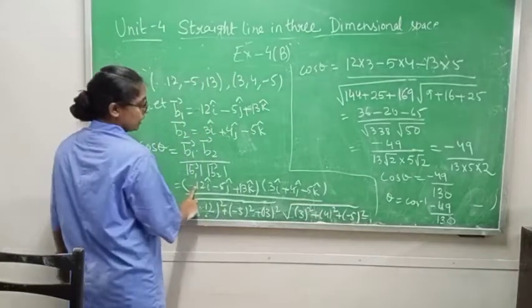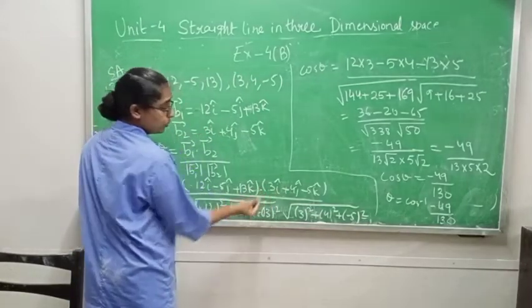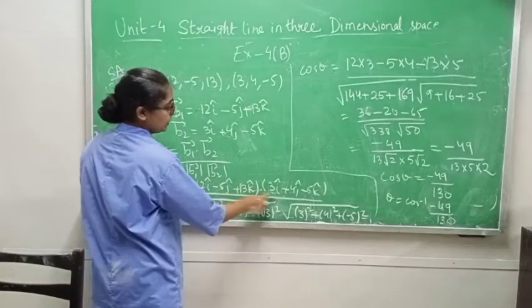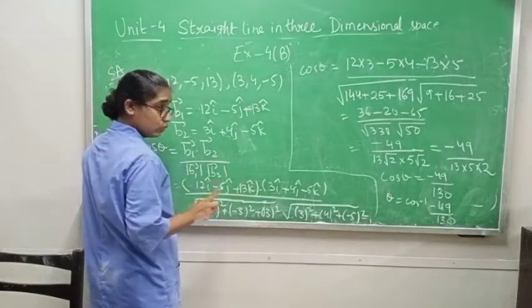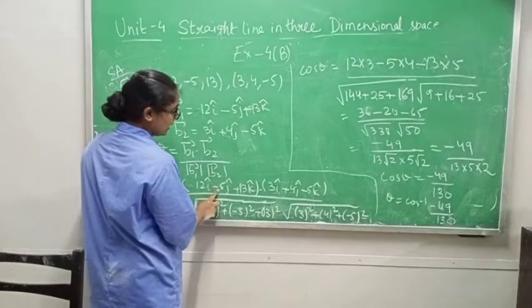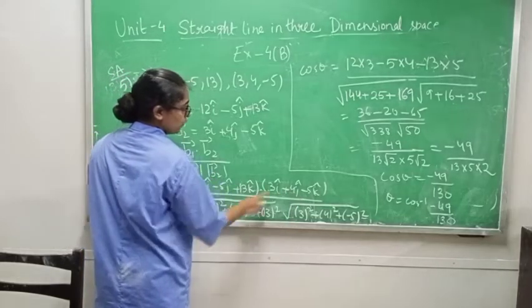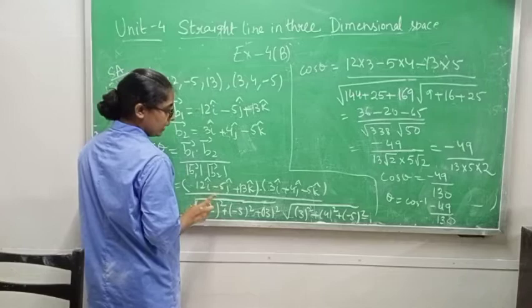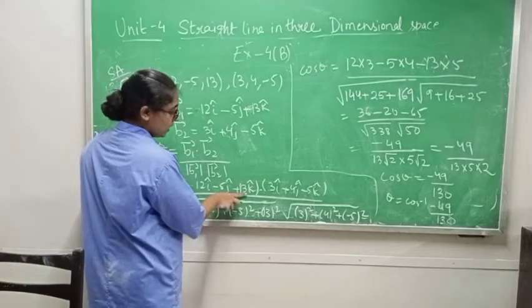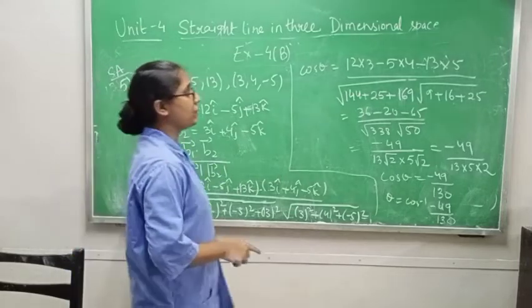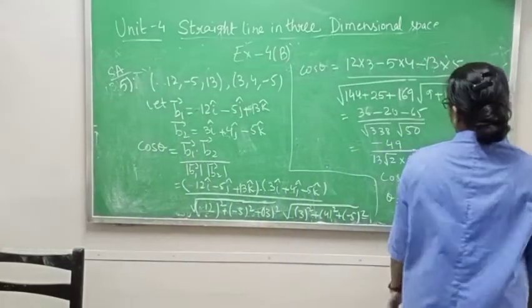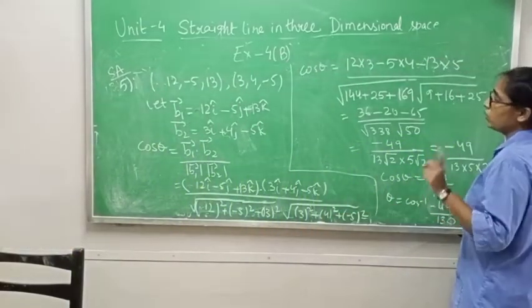Now when you multiply using the dot product, 12i is multiplied only with 3i, which gives 1, so 12 into 3 will give you 36. Like this, minus 5j into 4j will give you minus 20, plus 13k into minus 5k will give you minus 65, because j dot j gives 1 only.